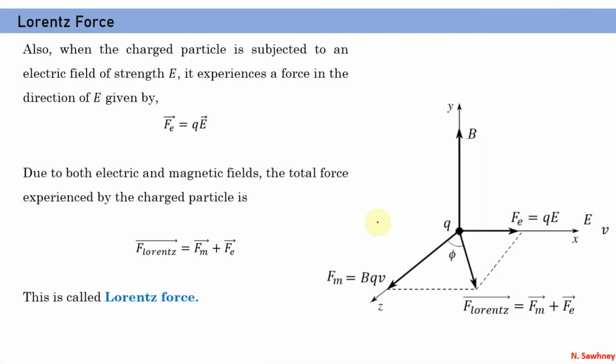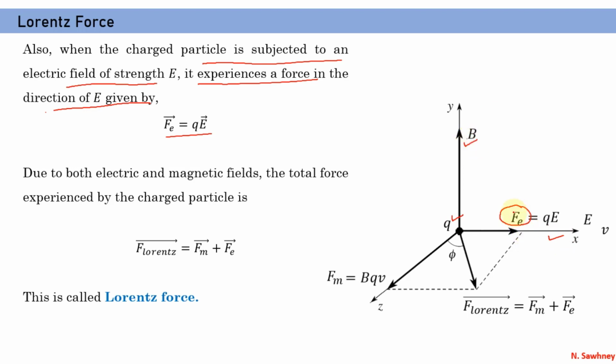Also, we are aware that when the charged particle is subjected to an electric field E, it experiences a force in the direction of the electric field only. That force is represented as QE. Let us see here. Suppose there is a charge Q. It is subjected to electric field along the x-axis and magnetic field along the y-axis.